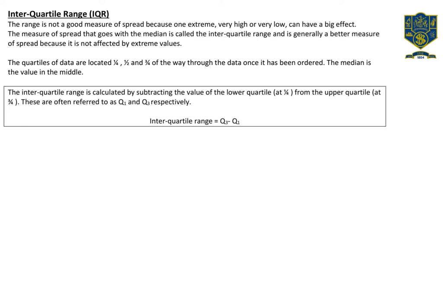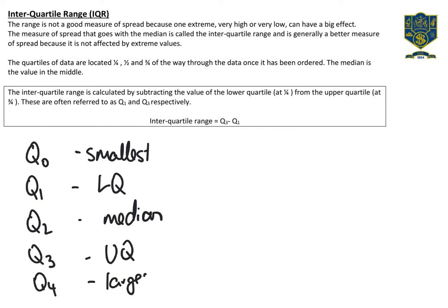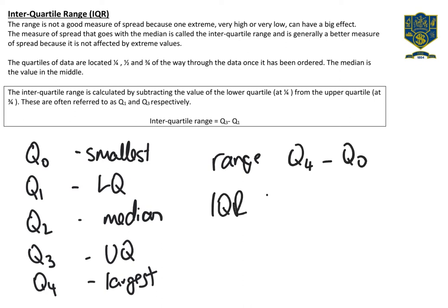Generally we say the smallest value is our Q0, Q1 is the lower quartile, Q2 is the second quartile, or the middle quartile, or the median, Q3 is the upper quartile, and Q4 is the largest value. So range is Q4 minus Q0, but the interquartile range, the difference in the quartiles, is Q3 minus Q1.